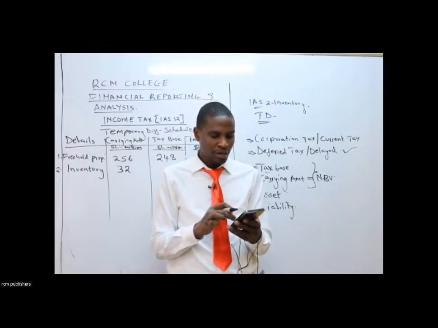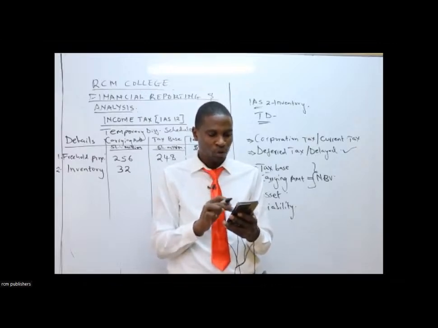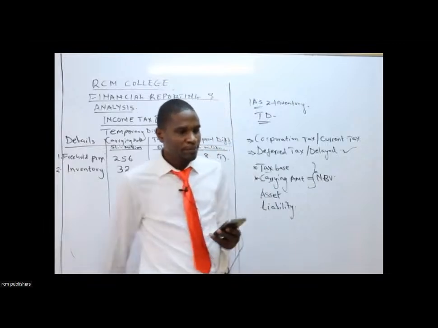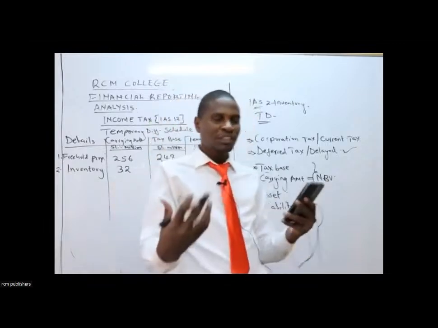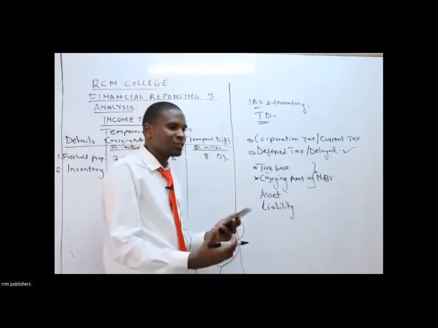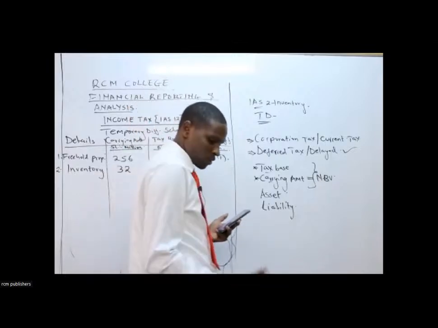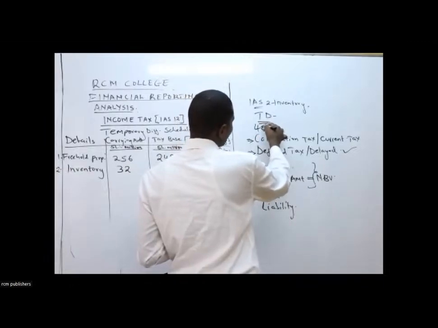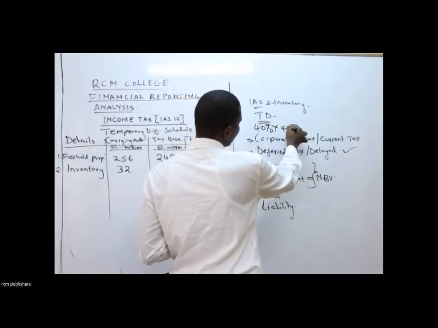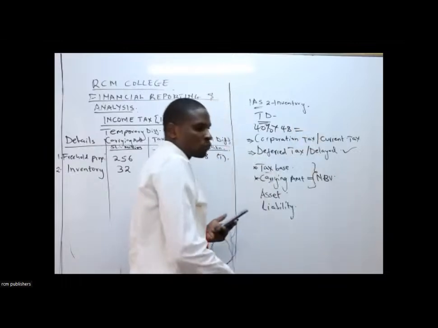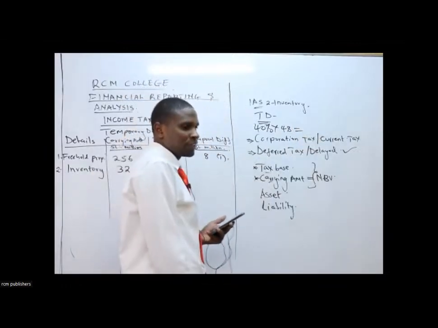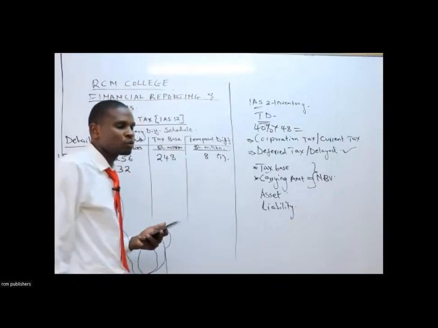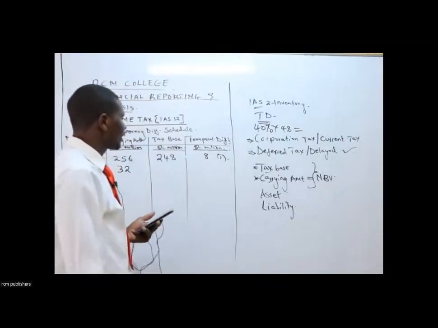This is a two-way discussion, so I expect somebody to respond to that. You were told that 40% is what? It goes to Wingu. So what is the 40%? Our tax base will be 40% of 48. How much do we get? And that one will just give us directly the tax base.